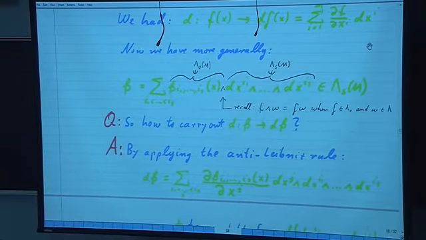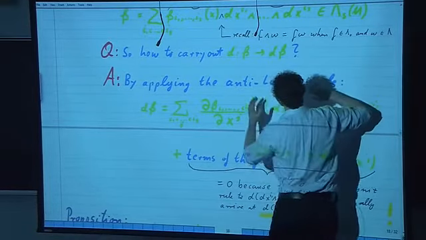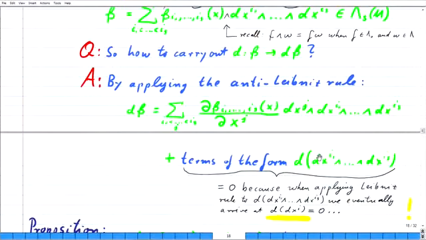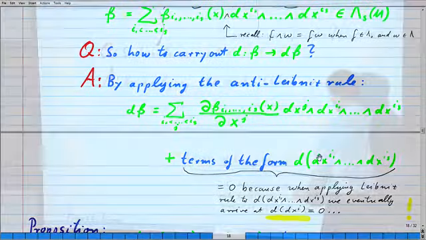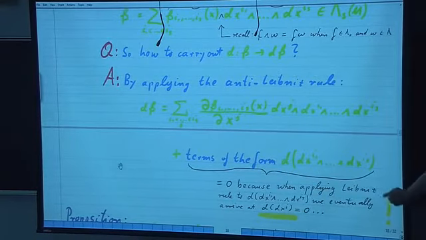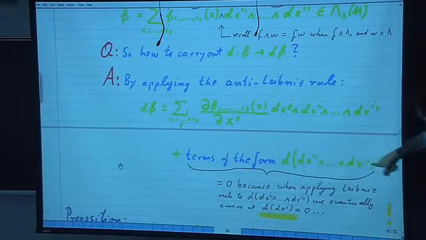And then we have to add to this what we get when we leave that the same and apply the D to this. So we get plus in terms of the form, well, not something or other, it's just the beta of x in front. And then the D of this. But the D of this is vanishing.